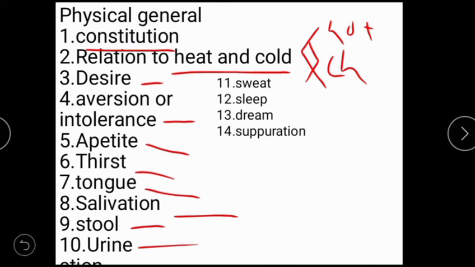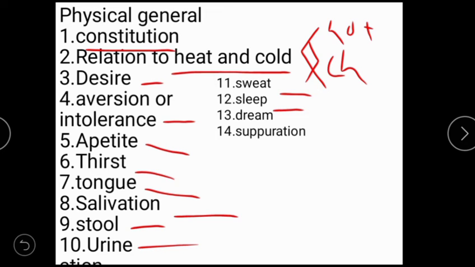Then sweat, is it profuse sweat or suppressed sweat. In thuja there will be profuse night sweating. In ophidia there is wet sweat. In calcarea there is cold sweat. These are the things which we write in our exam.